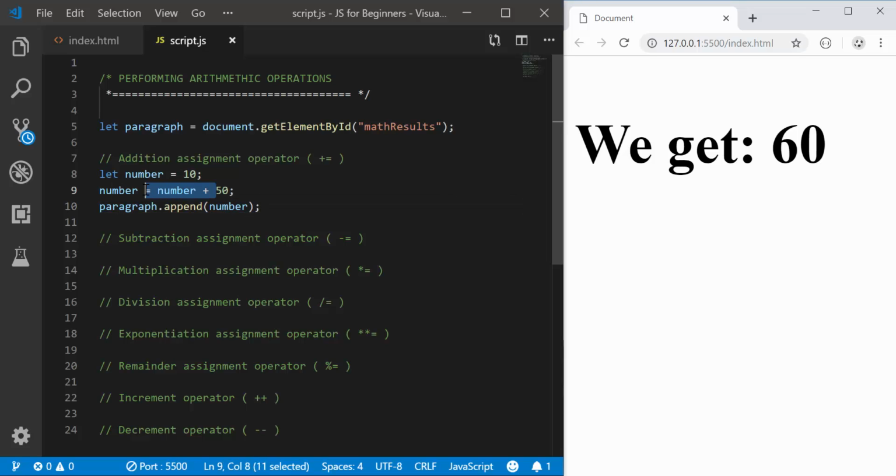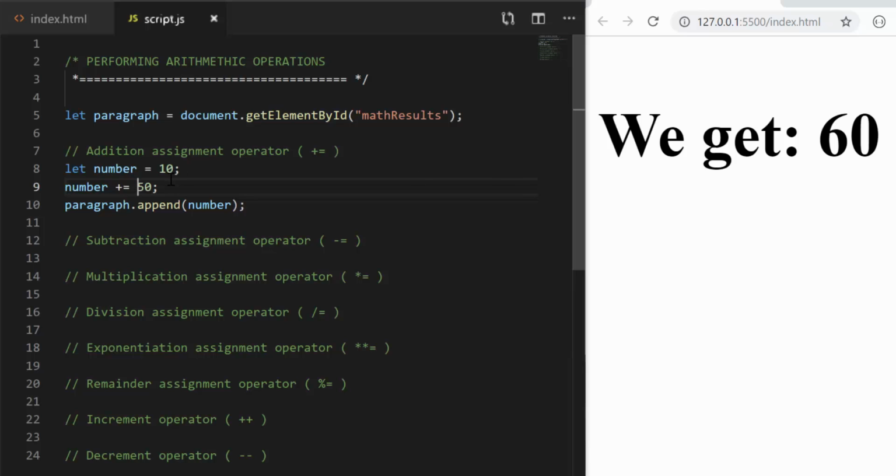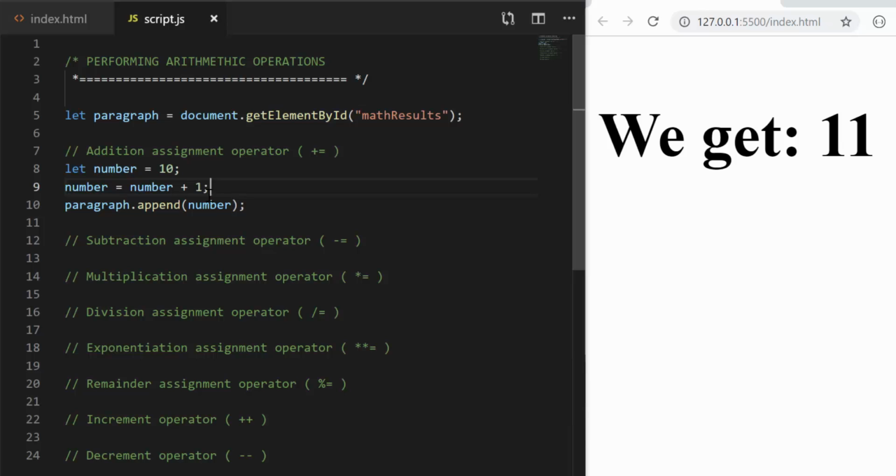Now, I'm going to use the addition assignment operator in JavaScript, and it looks like this. So we have the same value. You remember that when we were dealing with increments, I said that this, which is going to give us 11, was the same thing as saying number plus 1, right?